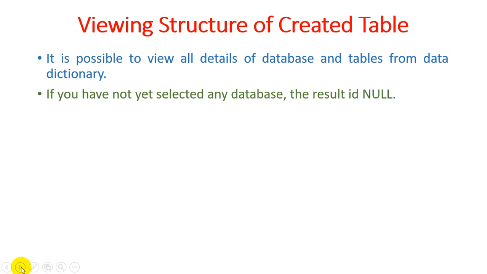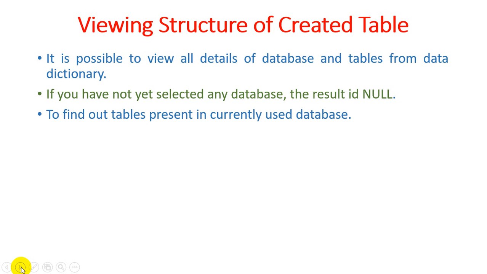But if you are not using any database currently, and you want to perform a describe on the database, then your result will be null, because you have not selected any particular database. To find out the tables present in the currently used database, meaning if you want to see how many tables are created in the particular database, it is also available with the viewing structure.